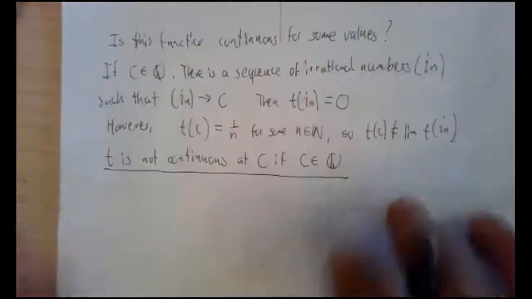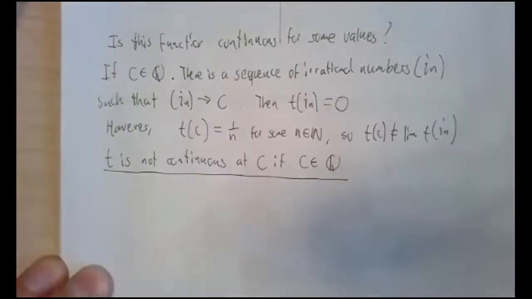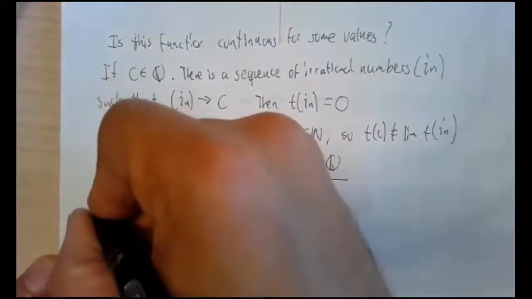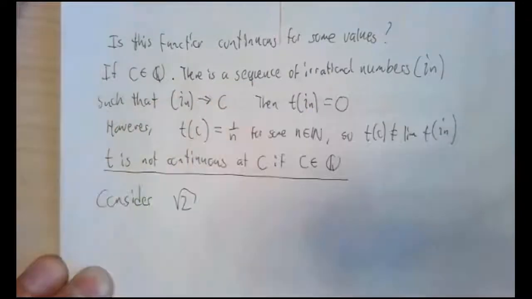All right? Now, what about an irrational number? What would happen with irrational numbers? Well, I'm not going to provide you all the details. I'm just going to give you an idea of what would happen if we pick irrational numbers by showing you a specific one, right? So let's pick square root of 2 or pi. So consider square root of 2.